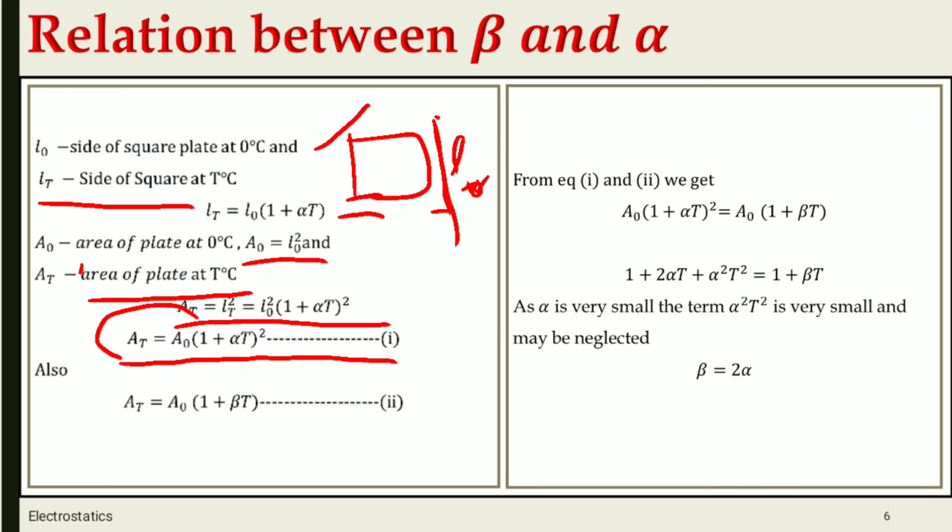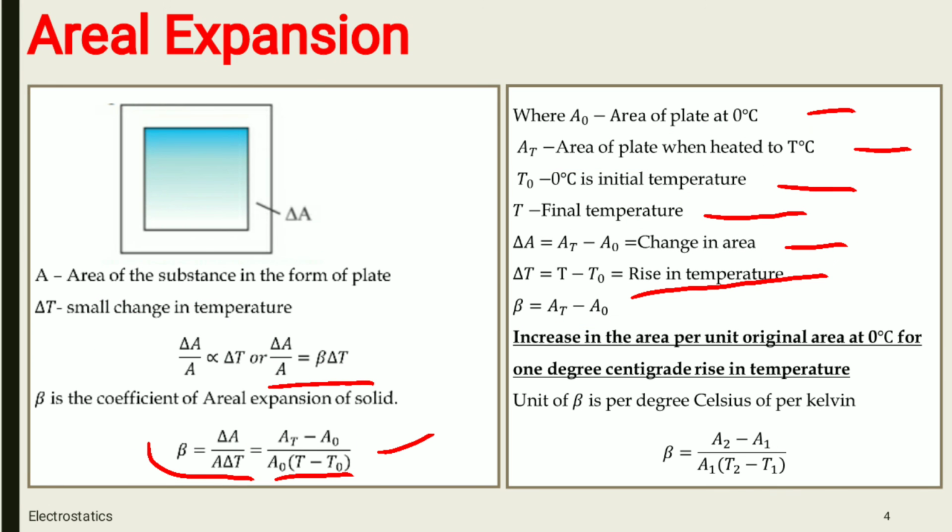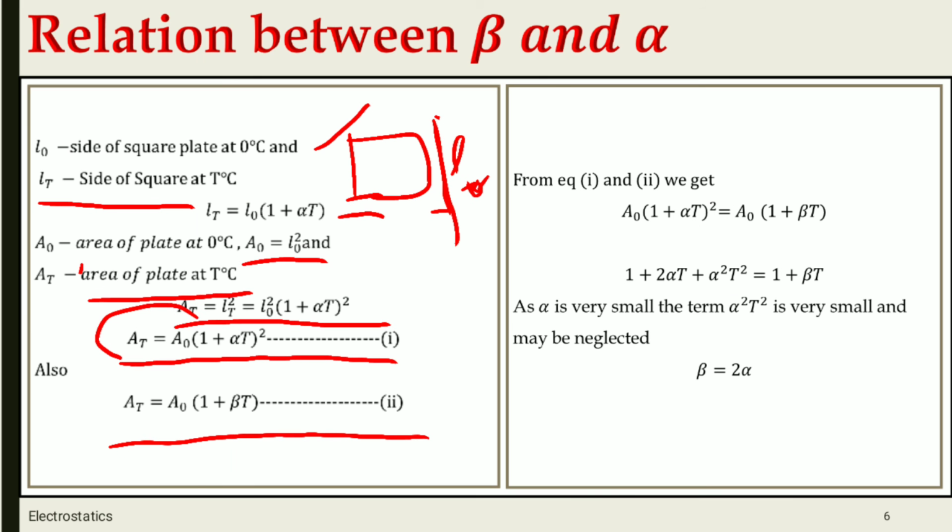Instead of L0 square, you can write A0 into 1 plus alpha T square. And this equation came from areal expansion, that is from this equation. Okay, so by rearranging that, you will get AT is equal to A0 in bracket 1 plus beta T.